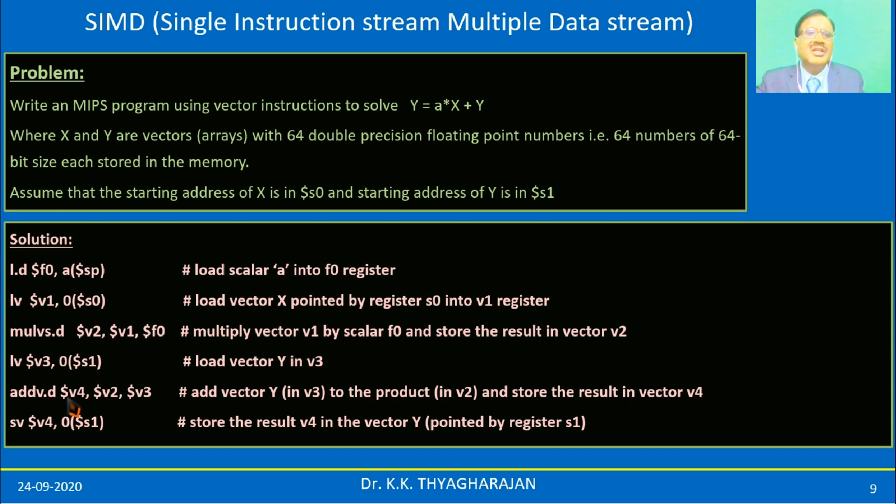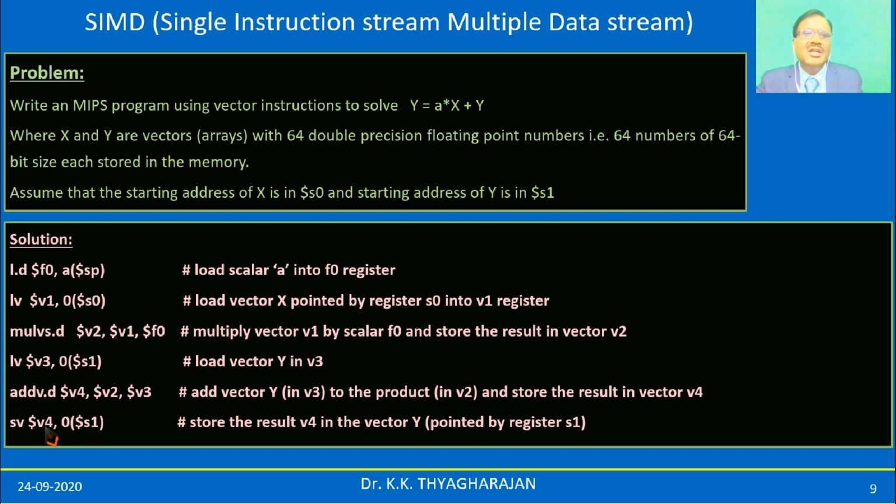Actually, the result available in V4 should be stored again in memory. To store that value in the memory, you use SV, store vector. That is, store vector V4 into the memory location where Y is available. Y is to be stored at S1. The location is pointed to by the register S1.